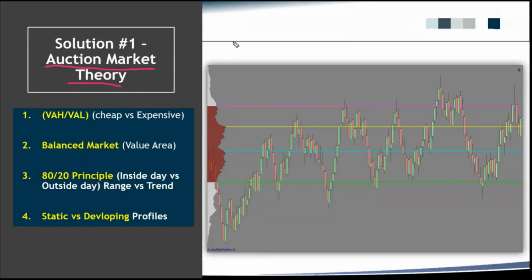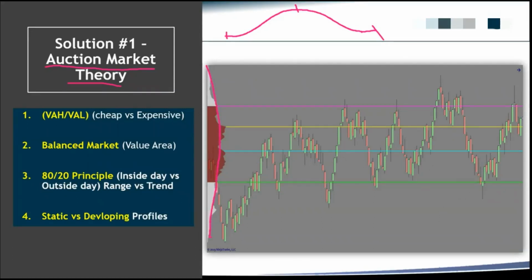And if you've ever been to a statistics program, or if you've ever studied math or statistics in finance, there's a thing called the bell curve. And normally it looks like this, okay? And you've got 1, 2, 3 standard deviations, okay? Well, that's exactly what volume profile does, or market profile. It just looks at it on the other side of the market.